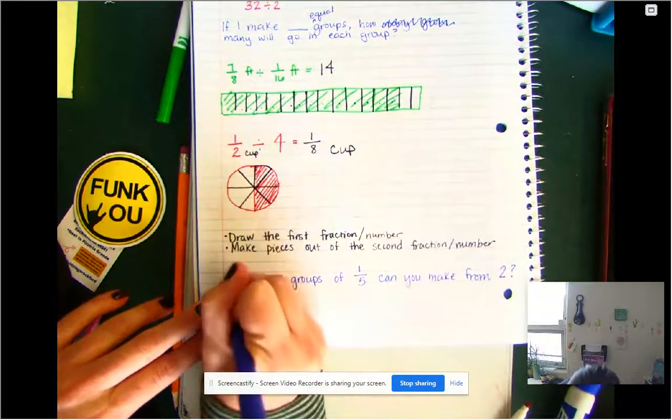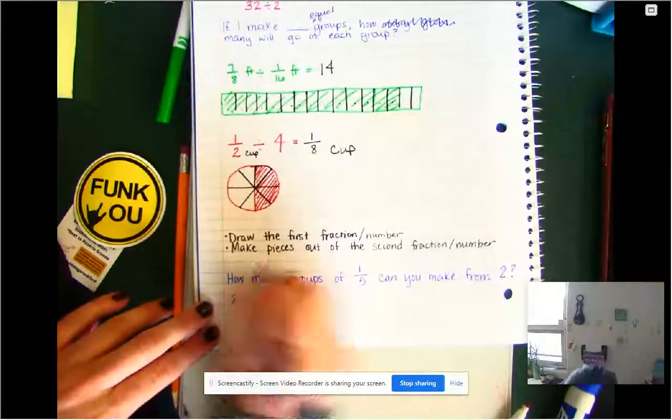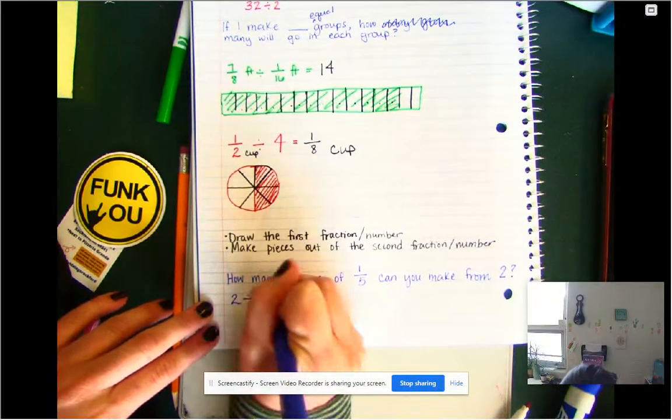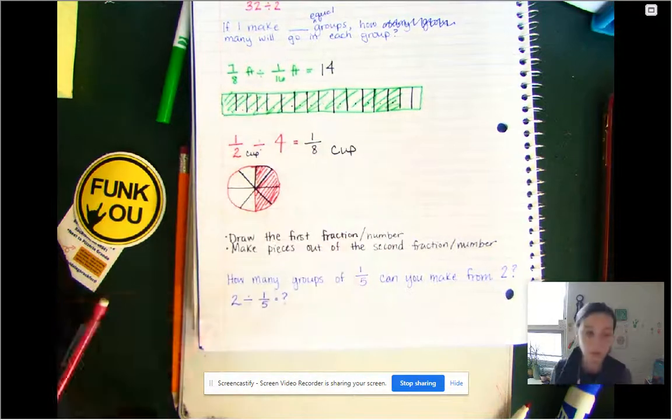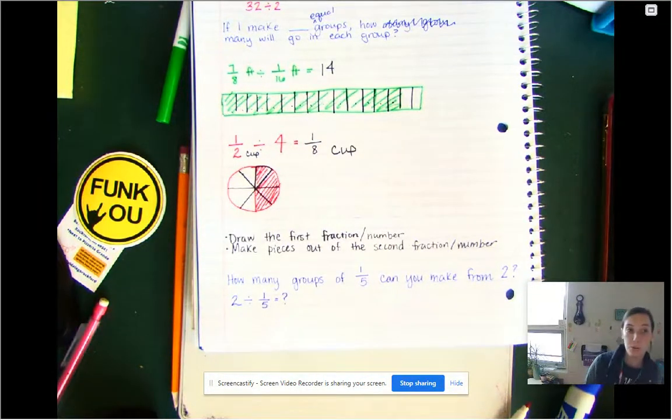In other words, the question is 2 divided by 1/5 equals what? You should have a picture drawn and you should get an answer, and we will see if you're right or not.